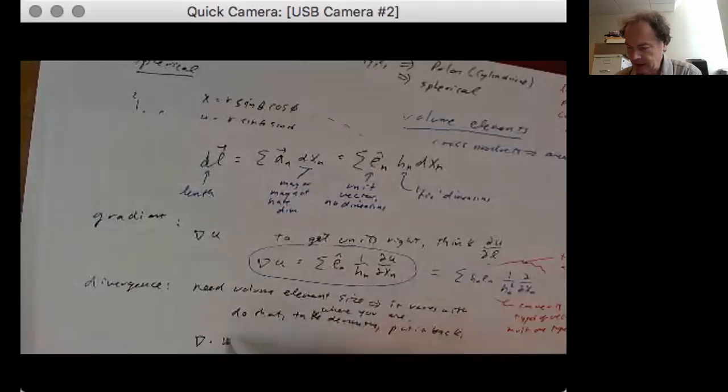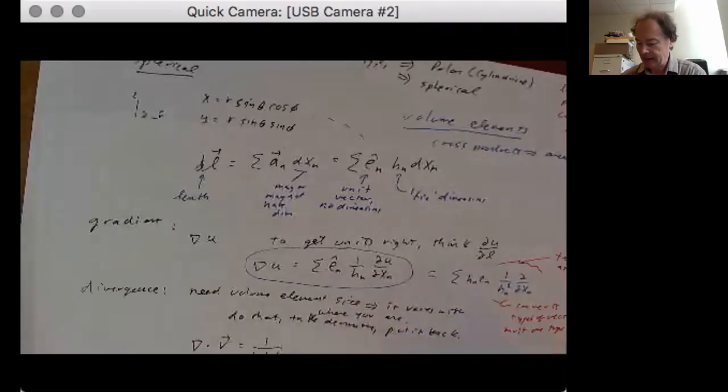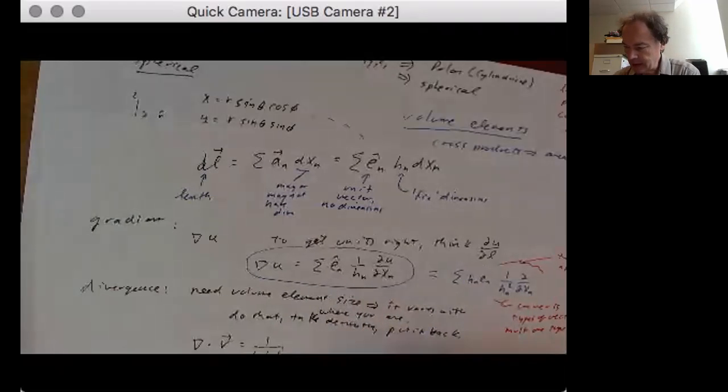And so del dot v is going to be equal to 1 over h1, h2, h3. That's to put it back, times the sum partial x sub i, we're summing over i, of h1, h2, h3 over h sub i times v sub i.